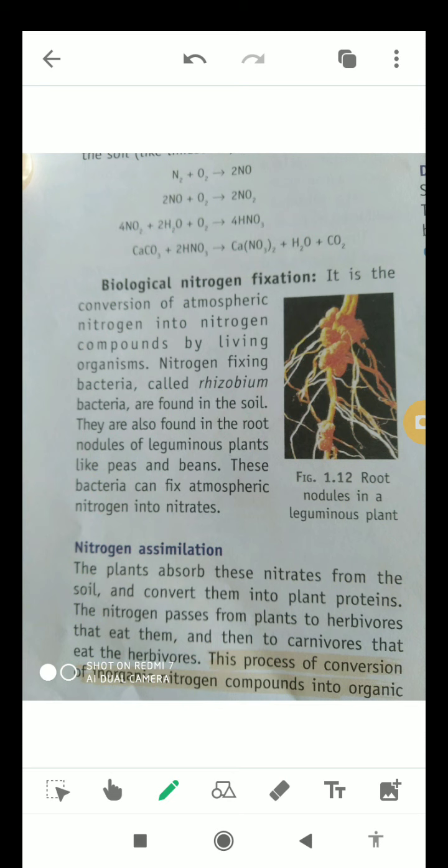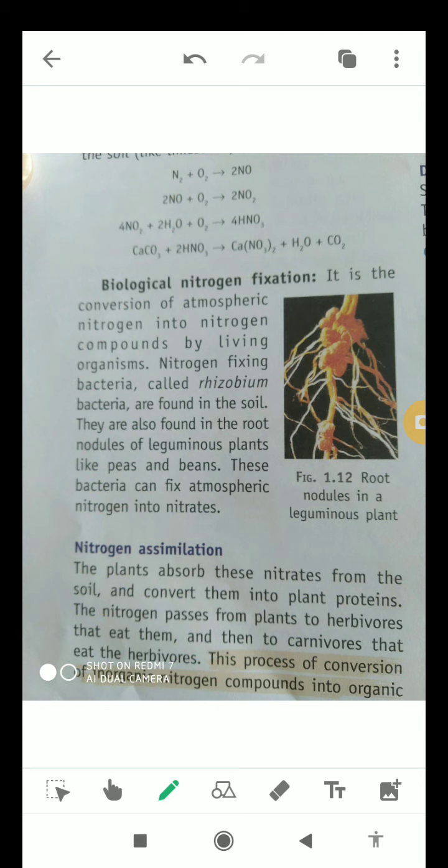Whenever nitrogen reacts with oxygen, it forms 2NO, and when 2NO reacts with oxygen, it forms 2NO2, and when 4 molecules of NO2 combine with 2 molecules of water and oxygen, they form nitric acid, that is HNO3.